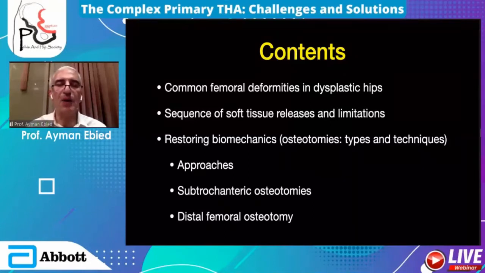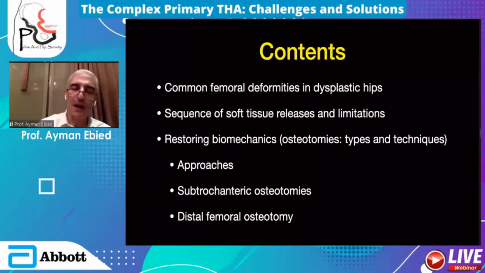We'll then look at the aims of the reconstruction itself and how to restore the biomechanics, and the possibility of using osteotomies, the types of osteotomies and techniques. We'll perhaps touch on the approaches. We'll talk a bit about the subtrochanteric osteotomy as an option. And finally, I'll finish with the distal femoral osteotomy, the advantages and disadvantages.